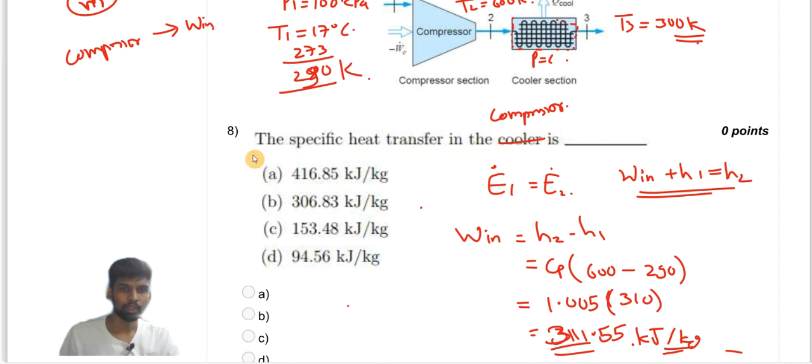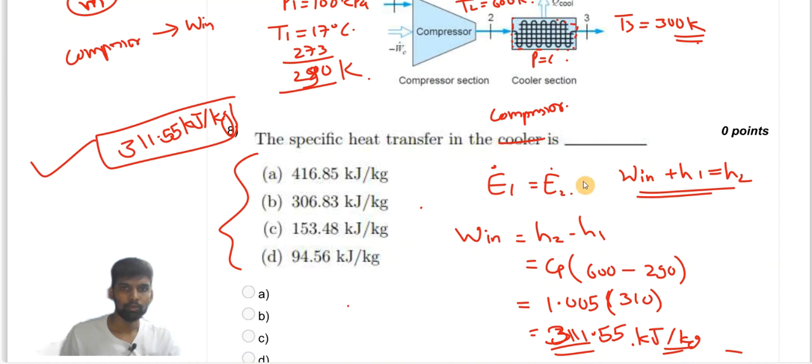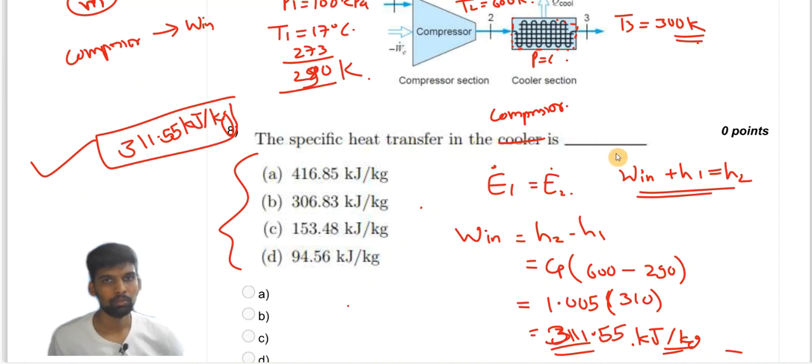So no answer is matching this one. The correct answer for this is 311.55 kilojoule per kg. I hope you got the explanation of how to do this.